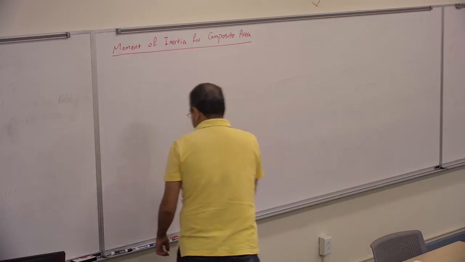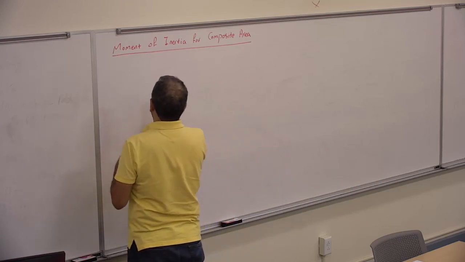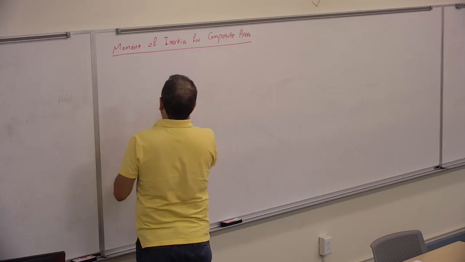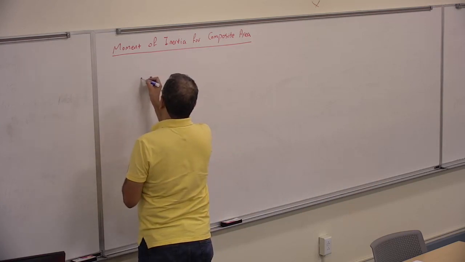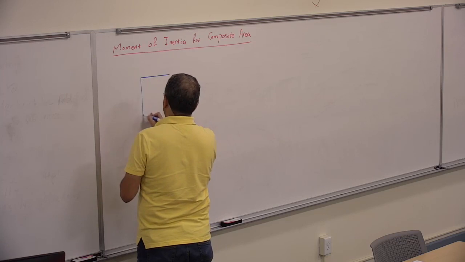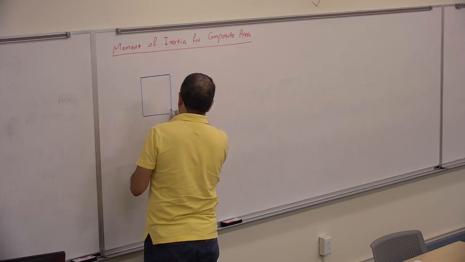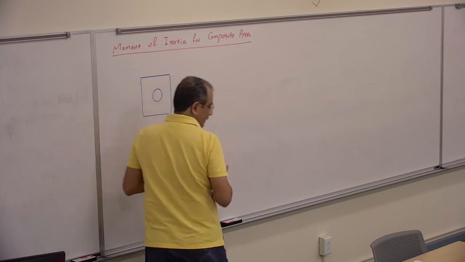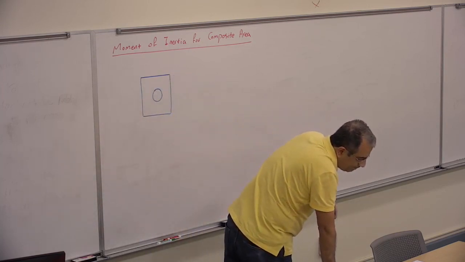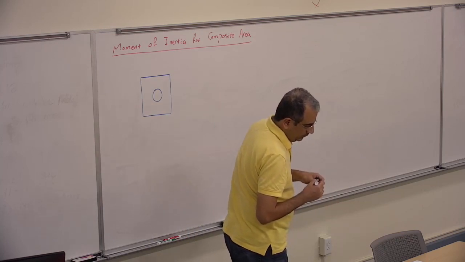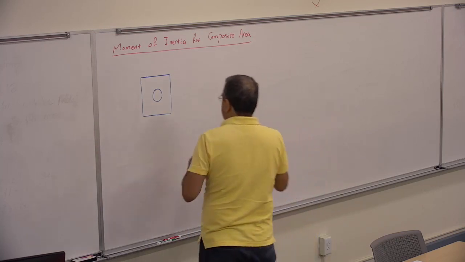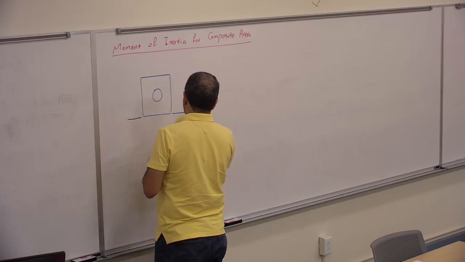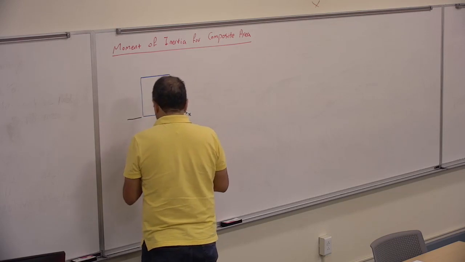I want the moment of inertia for this shape, with the moment at the center. This is the x-axis. And I want the moment of inertia of this shape.